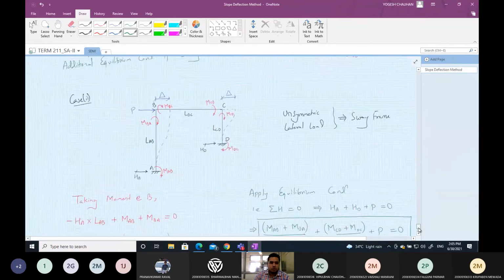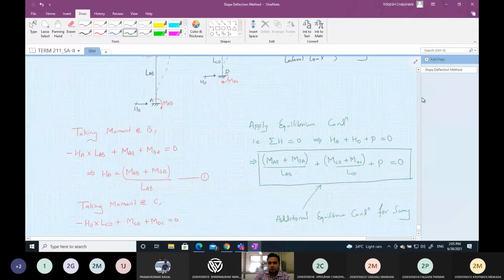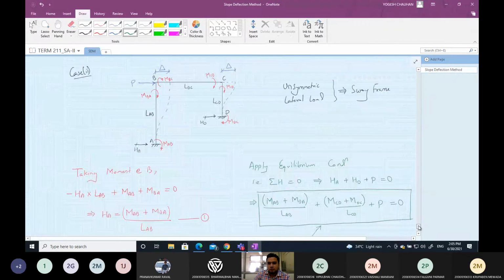So for this case, the additional equilibrium condition will be in this form.